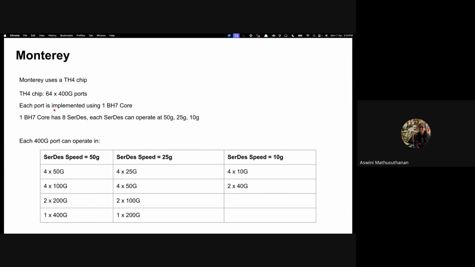There we had Blackhawk 4 core, 5 core. Here we have Blackhawk 7 core, and these Blackhawk 7 cores have 8 SerDes, and each SerDes can again operate at 50 gig, 25 gig, and 10 gig speeds. So it's going to be pretty much the same compared to Glacier, the same SerDes speeds and how the lanes can be operated with that.